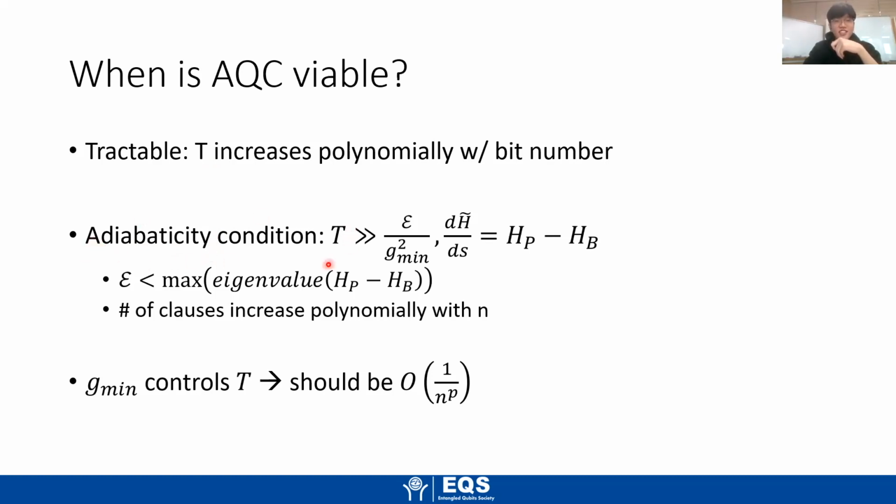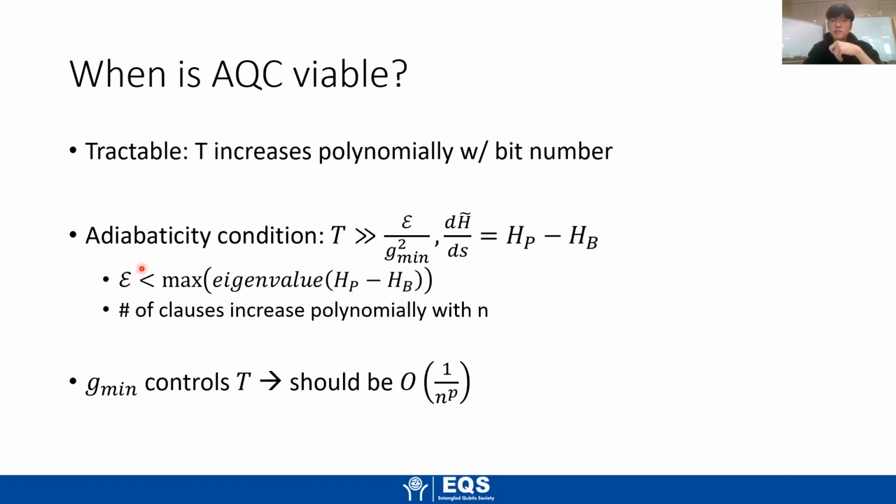If we consider the condition for the adiabatic evolution, then we can see that large T is determined by E and g_min. And actually this E value only increases polynomially with n because we assume that the number of clauses only increases polynomially with n, and that E is upper bounded by the maximum of some eigenvalues of the Hamiltonian H_P minus H_B.